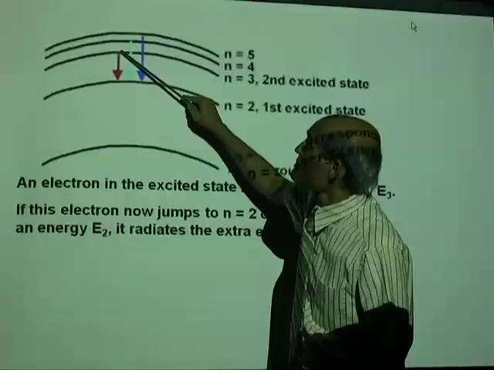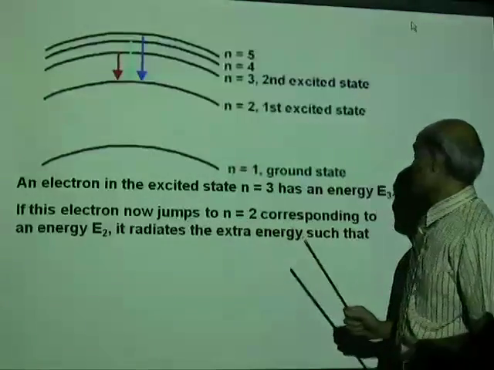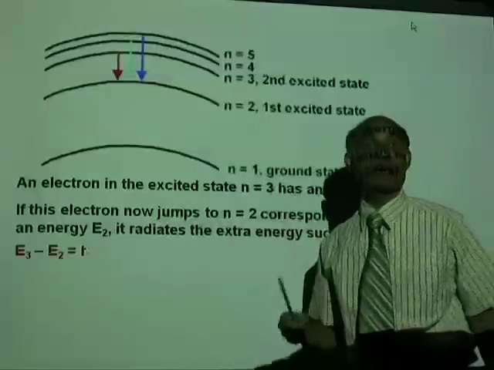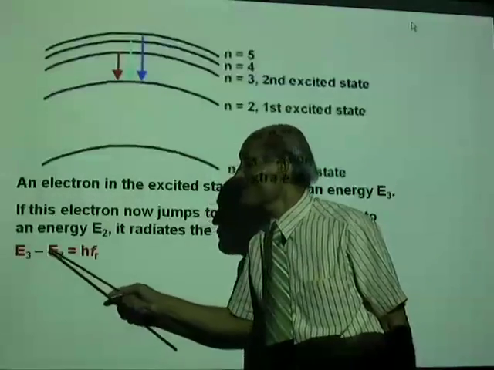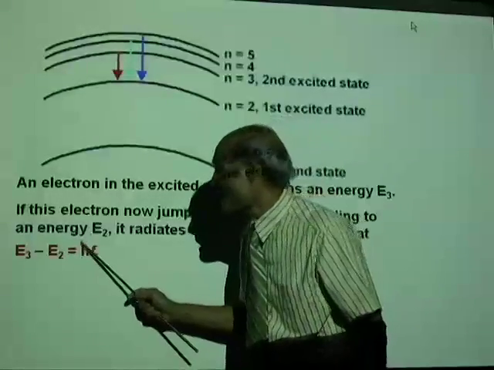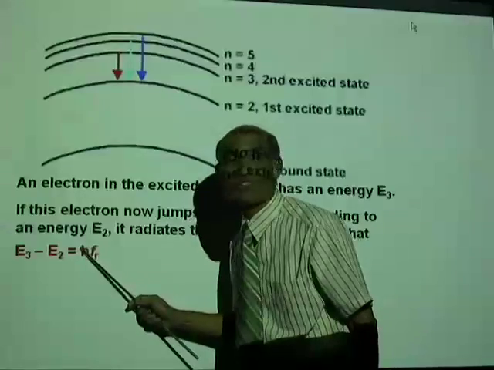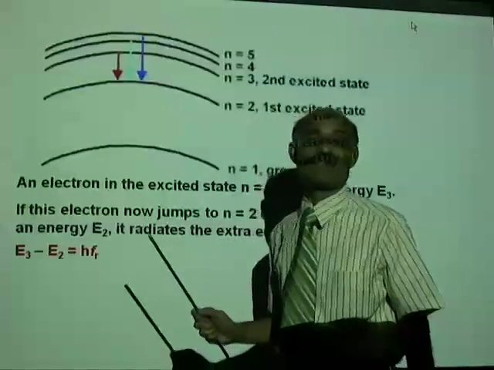So if it jumps from n equal to 3 to n equal to 2, it has to radiate or throw away a certain amount of energy. And that is E3 minus E2. That difference in the energy is thrown away. And how much is that difference? It is h times the frequency of radiation.